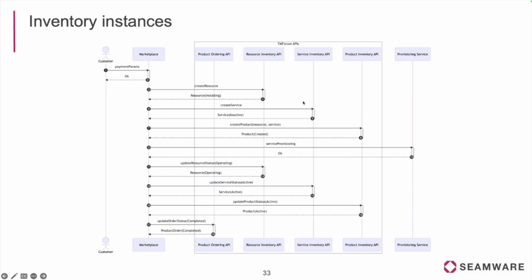We need to start the provisioning service. So we are going to call whatever provisioning services the provider has. At the end of the day, the TM Forum APIs are an information model, but they do not have the software to make the real provisioning. If you need to create a virtual machine, you need to create a virtual machine.